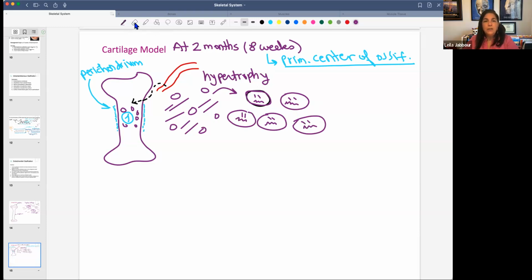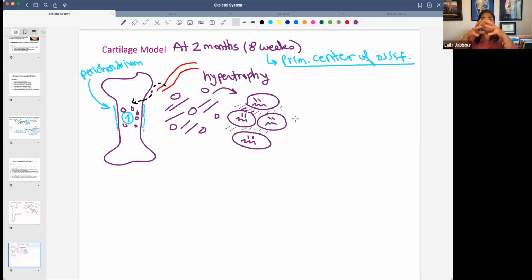So what's going on here? Let me erase a couple of cells. I need space here, actually. I'll draw another one here. So we're zooming in on these cells and we see that they're much bigger now. And what's happening is that the extracellular matrix is much thinner. Because the cells are enlarging, the lacunae are enlarging, imagine them being bloated, right?